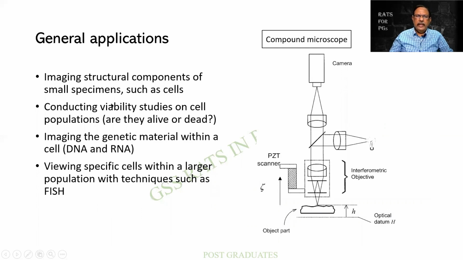And as I had mentioned earlier, it can be used for small samples to find out whether the tissue is viable or not, the DNA material, FISH techniques, etc. This I am showing purposely, the compound microscope that we are regularly using. You are finding there is a camera, or in this case there might be an eyepiece, and there is a light source over here.